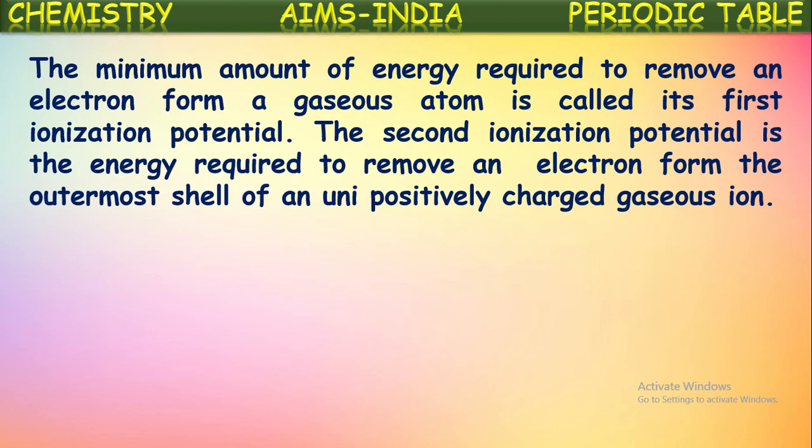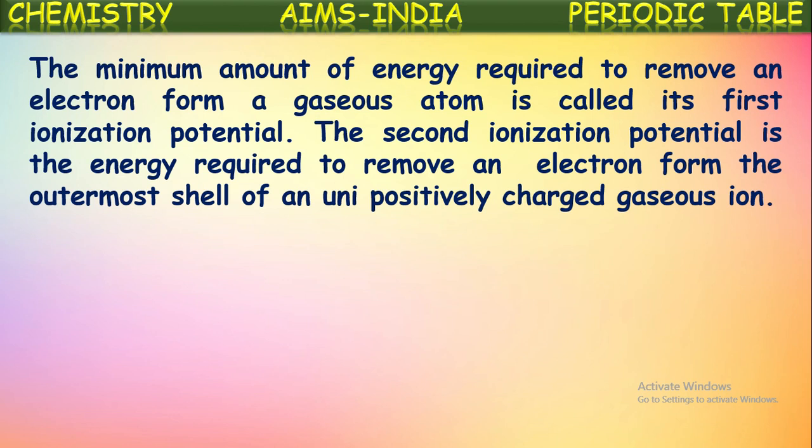So we said ionization energy means the minimum amount of energy required to remove an electron from the outermost orbit of an isolated neutral gaseous atom. This is also called first ionization potential. After the removal of this electron, it converts into a unipositive ion, that is a cation.